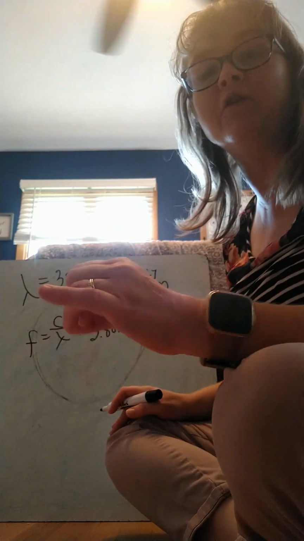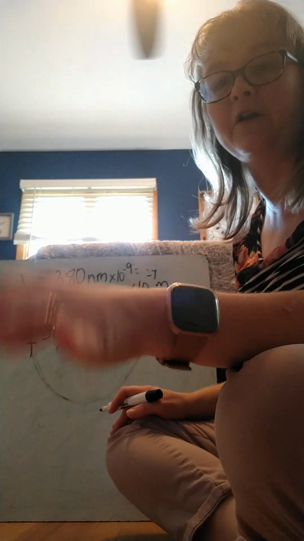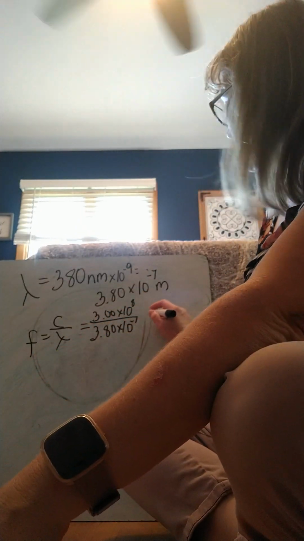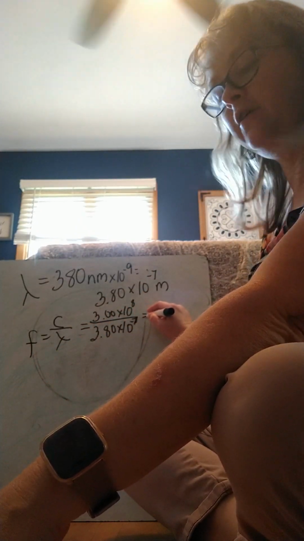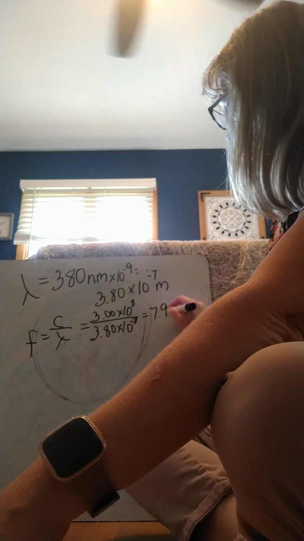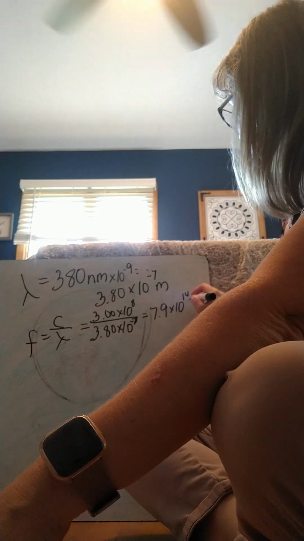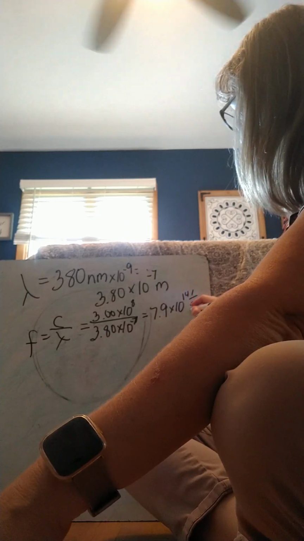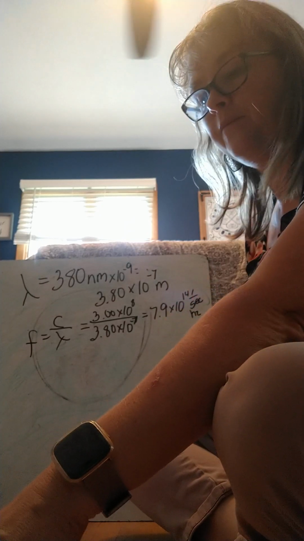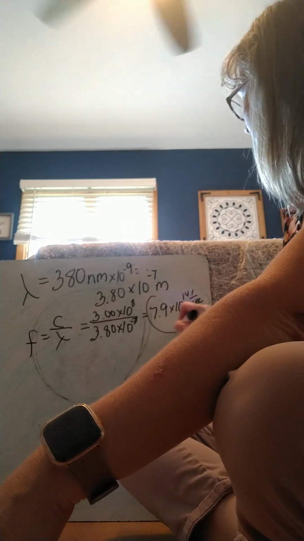This is a great time to make sure you can put these into your calculator correctly. If you can't, we can try this when we see each other. 7.9 times 10 to the 14th, 1 over second, or hertz. Okay, so that is our frequency.